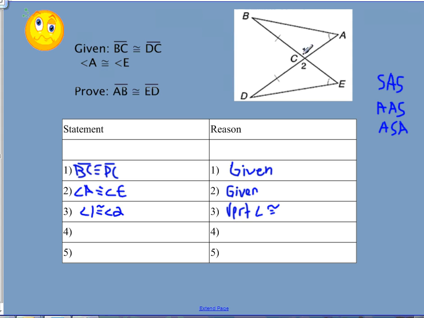All right, so now I'm going to add those markings up to my figure. It's always a good idea to do that just for visual purposes. I know it helps a lot of kids to keep track of what they're actually working on.